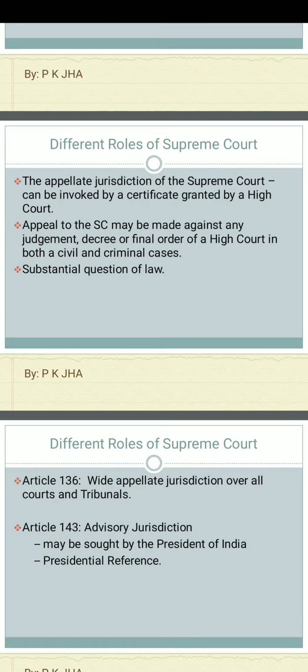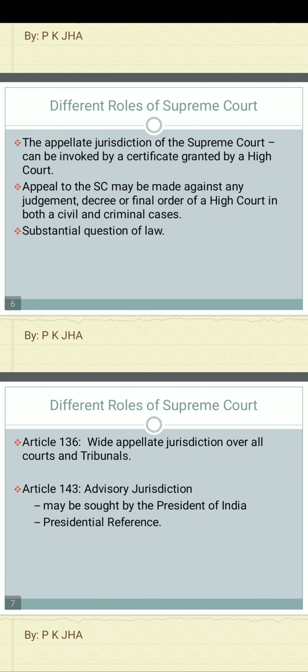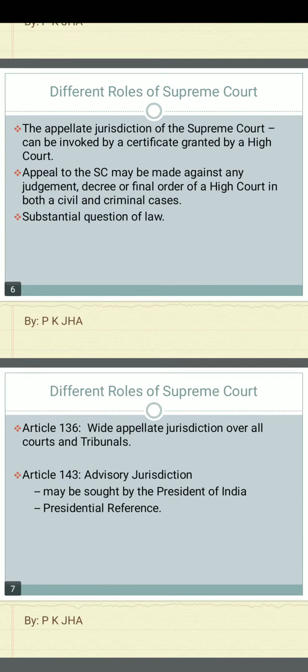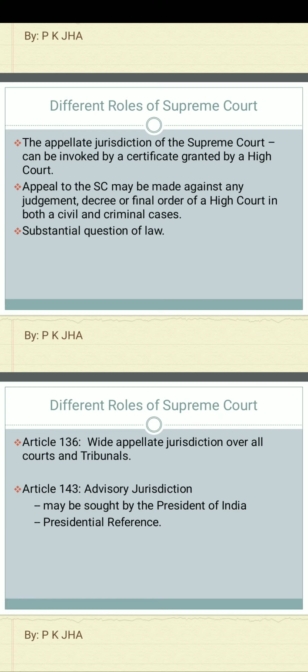Okay, and apart from all these appellate powers of the court, the Supreme Court is also vested with wide appellate jurisdiction. And we do have one dedicated article in our constitution. That article is Article 136. It is wide appellate jurisdiction over all courts and tribunals.